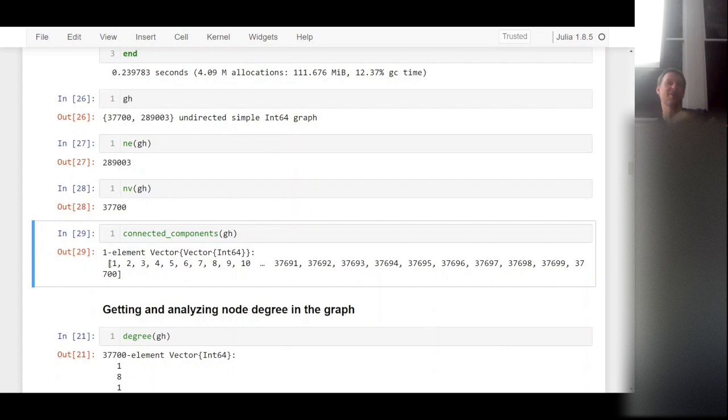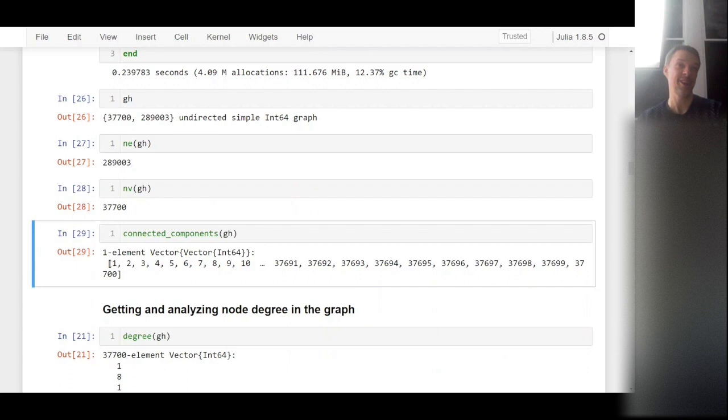Exactly. So maybe they are not connected directly, but essentially everyone is connected to everyone either directly or indirectly, right? So we can see that our graph has a nice property that every node can be reached from any other node, which means that we can say that our GitHub developers community is well connected in a sense.